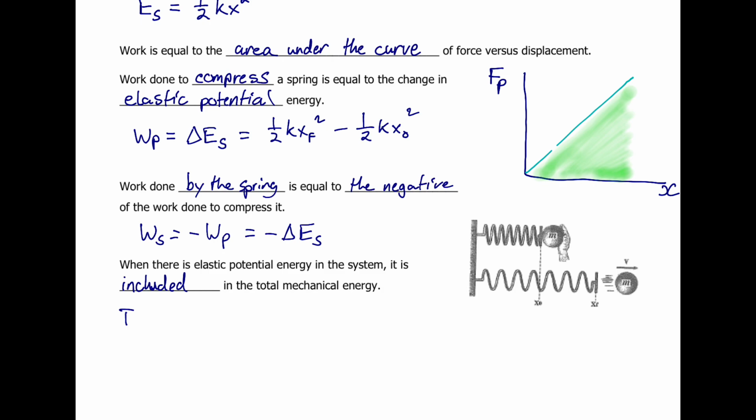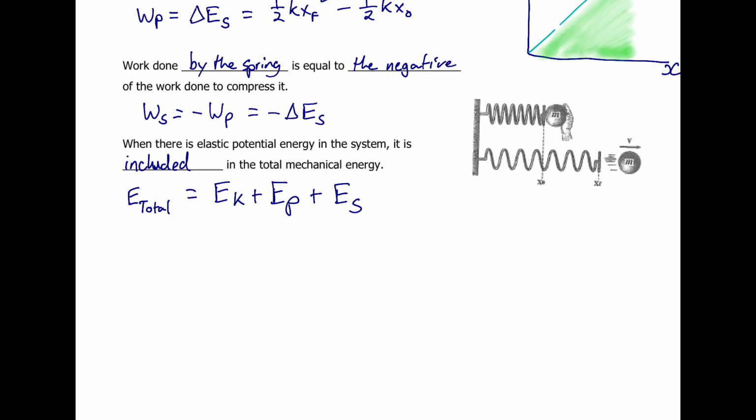E total is equal to all the kinetic energy it has plus all the potential energy it has, now also plus all this spring energy it has. So we're just adding a list of energies to our total here. So we have all the kinetic, all the potential, and all the spring.